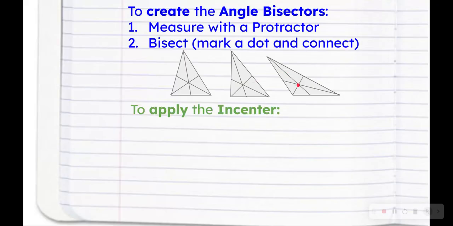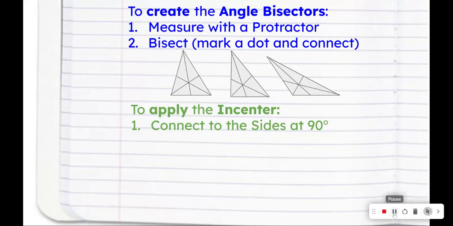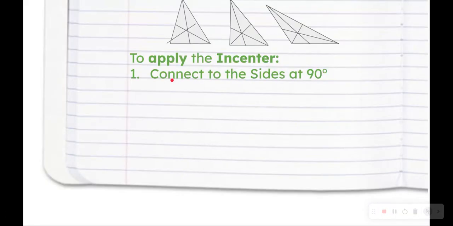This is the incenter. Now, how do we apply the incenter? What is the whole point of it? Well, if I connected the incenter to the sides at 90 degrees, they're all going to be equal to each other. Let me scoot that up. Sorry, I scooted that line over by accident.